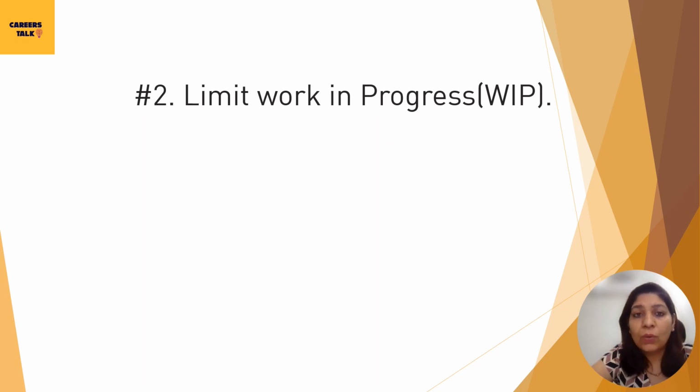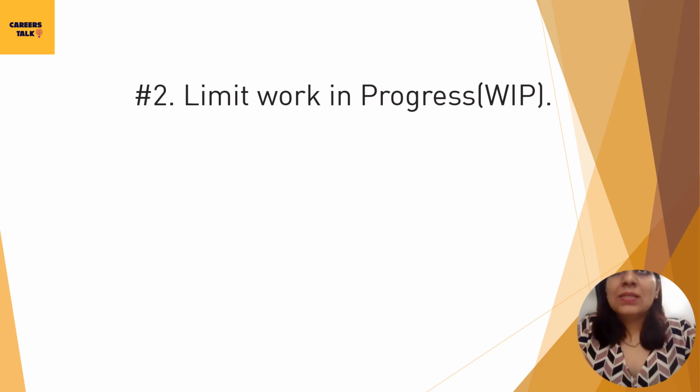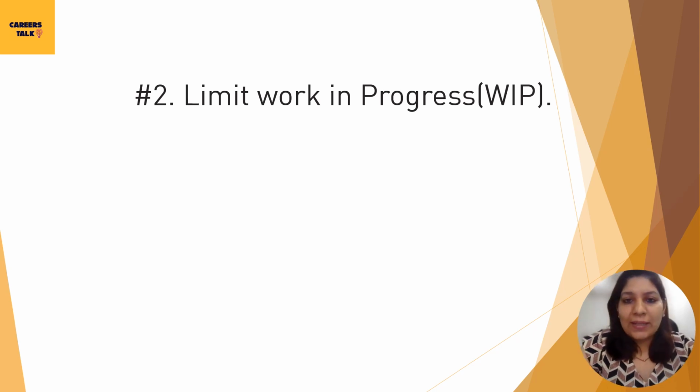Now let's talk about the second practice, which is limit work in progress. And I think we have also talked a bit about it in previous slides. Limit the work that is already in progress. Try to start finishing the work that is already in progress first, and stop starting new work. This practice is really critical for eliminating queues in the workflow.